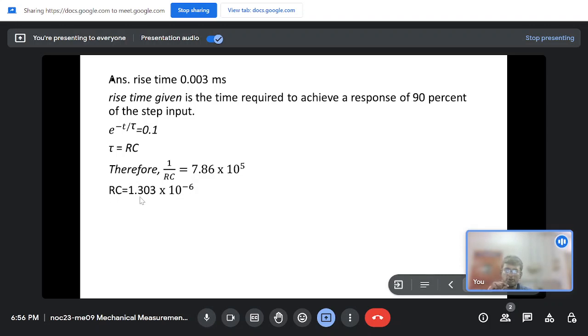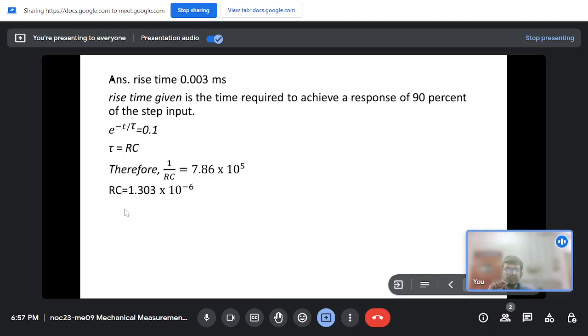So this is the time constant of the system, 1.303 into 10 power minus 6. So the RC is known. So you have to find out resistance and capacitance which are available in the market, and build a system such that you would get the same RC time constant as 1.303 into 10 power minus 6.